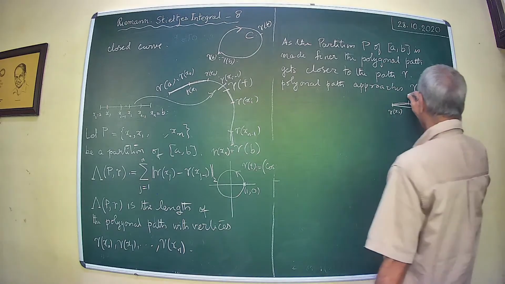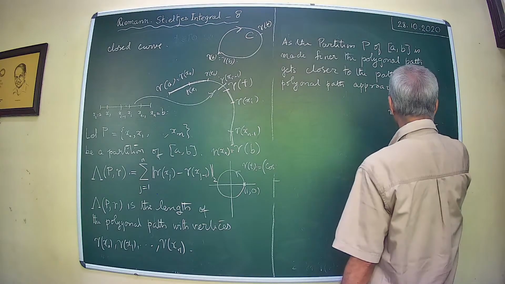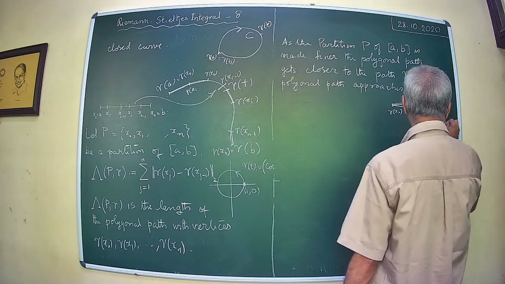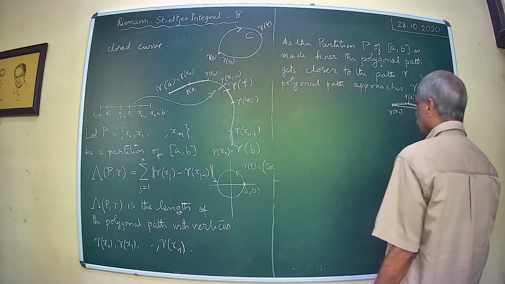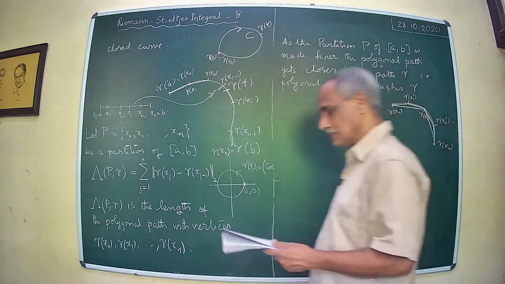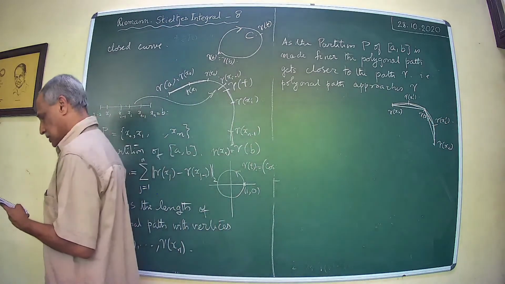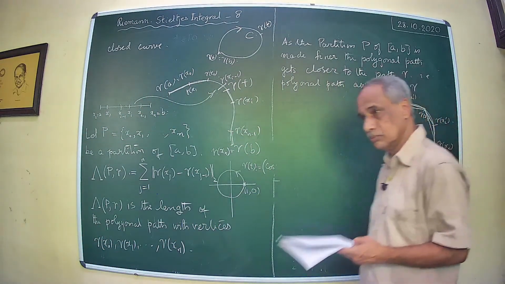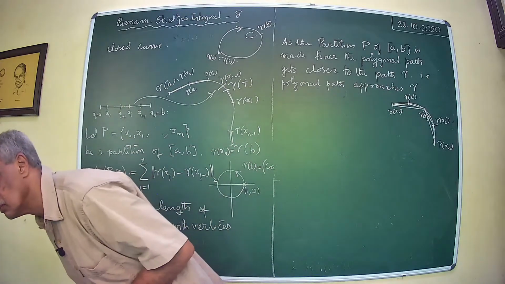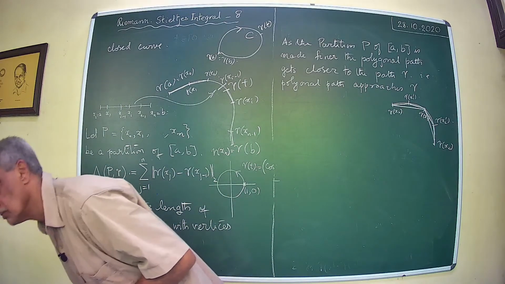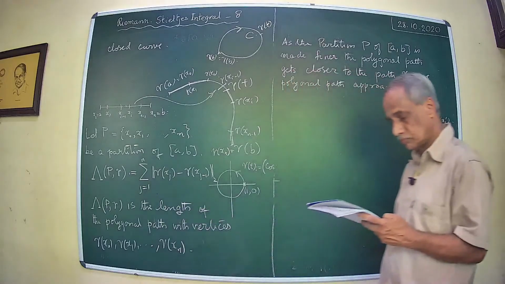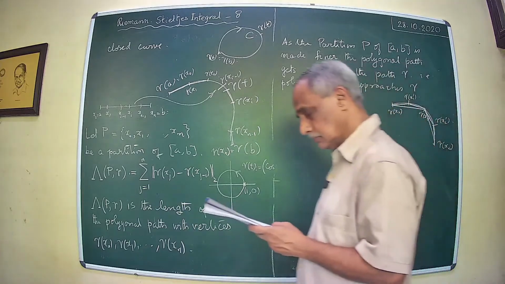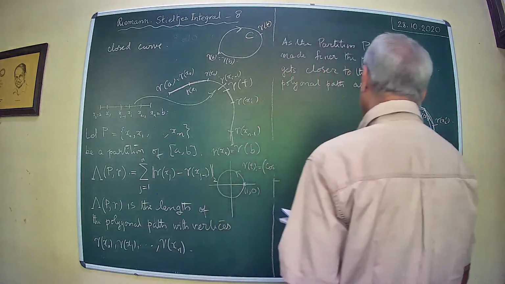We call these gamma x1 prime, gamma x2 prime. So what I am doing is introducing two more points into it and making it finer.